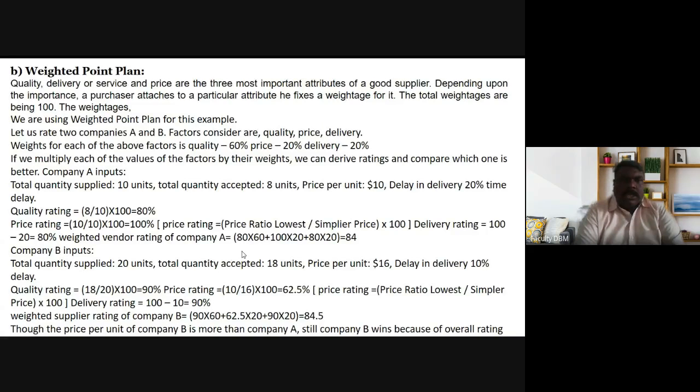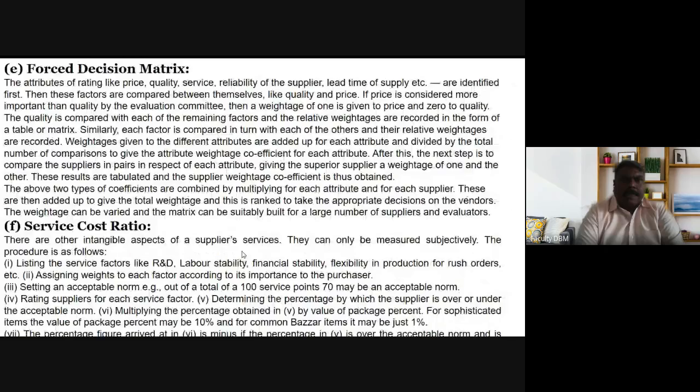So here, in the forced decision matrix, they are going to see the weightages and they are going to have a price. They are going to give a weightage of 1 to the price and 0 to the quality, or for the service they are going to take 1 and say that price is 0. It depends.